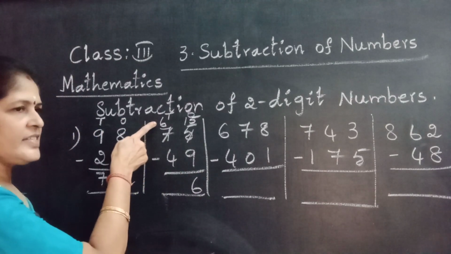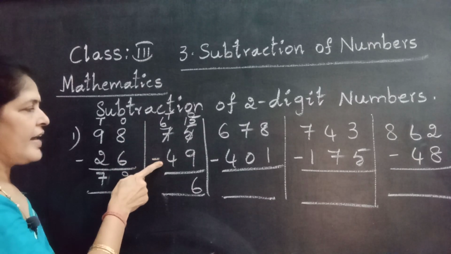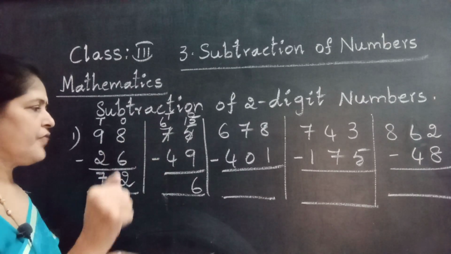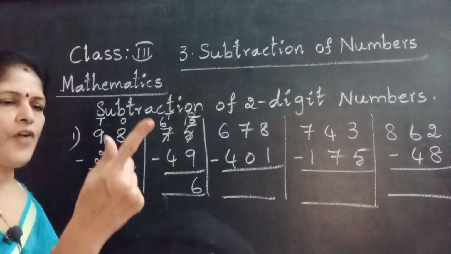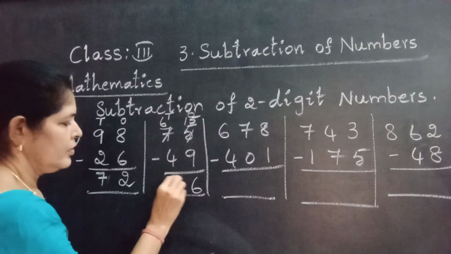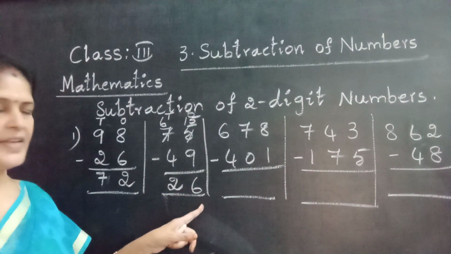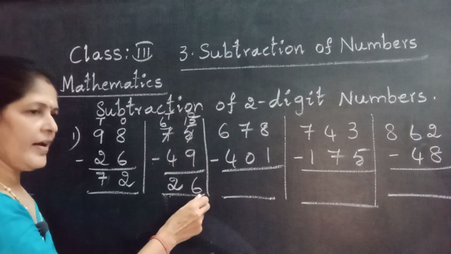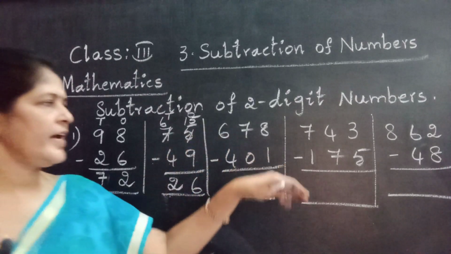Here 7 changes into 6. Now in the tens place, subtraction is 6 minus 4. Close fingers. 4, after it 5, 6. What is the difference? 2. Now the difference is 26. 75 minus 49 is 26. Now come to next one.